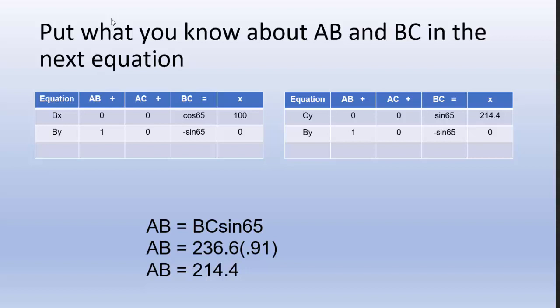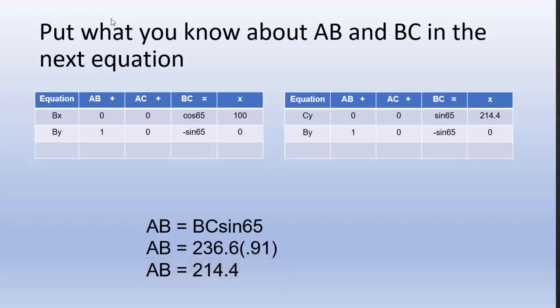My equation simply says AB equals BC sine 65. So when I put it in my matrix, I say AB times 1 equals BC minus sine 65. Okay, so AB minus BC sine 65 equals 0. They balance out. I put that in for both of my equations. So I can now solve for AB.